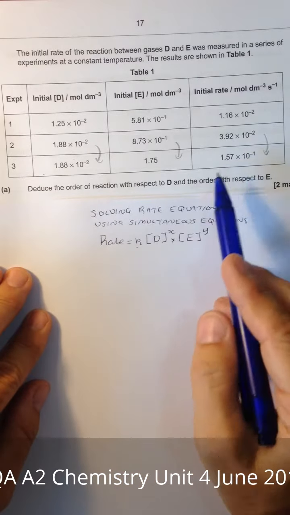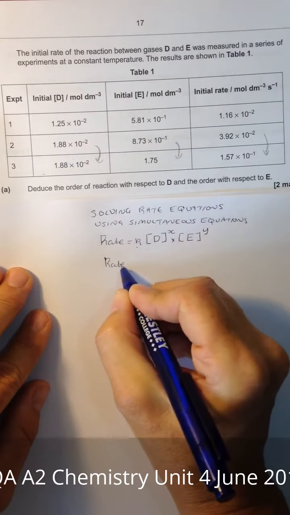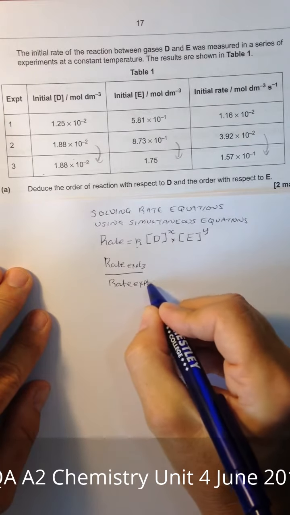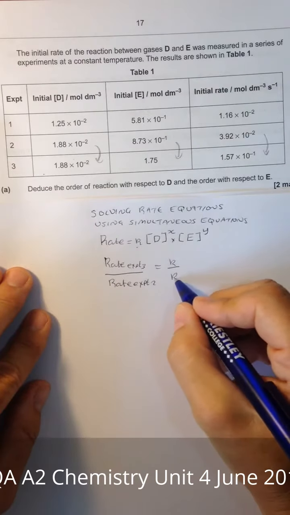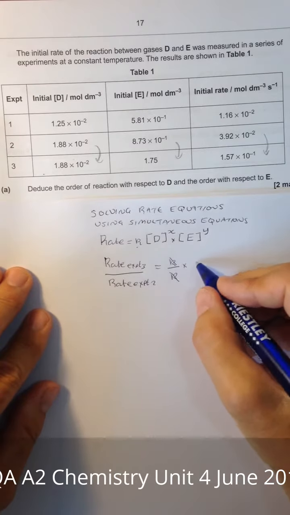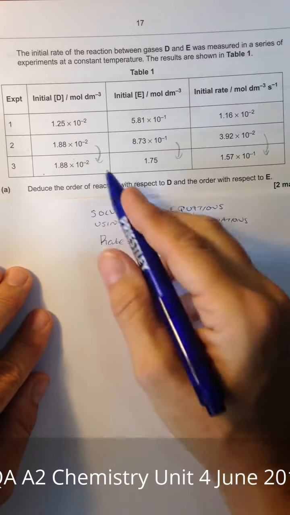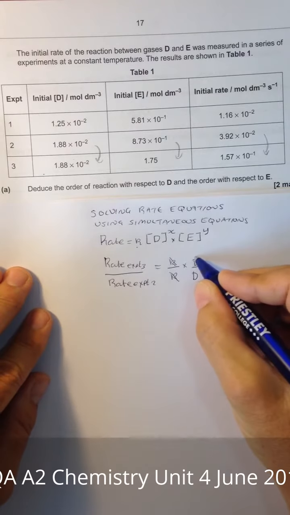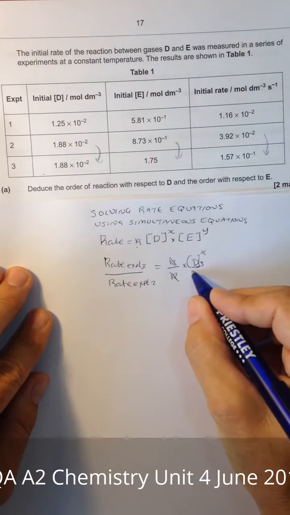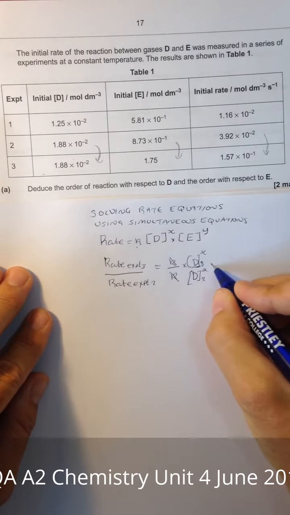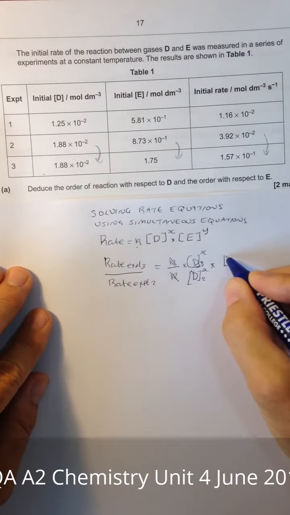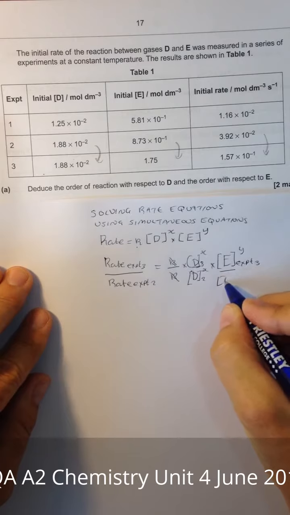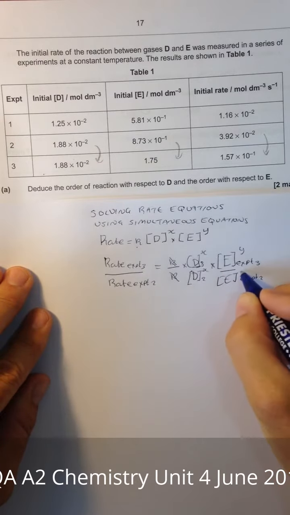Since the rate is larger in experiment 3, we're going to put that one on the top. So we'll say that the rate in experiment 3 divided by the rate in experiment 2 is equal to the rate constant divided by the rate constant, that will cancel out, multiplied by the concentration of D in experiment 3 divided by the concentration of D in experiment 2, to the power x, multiplied by the concentration of E in experiment 3 divided by the concentration of E in experiment 2, to the power y.